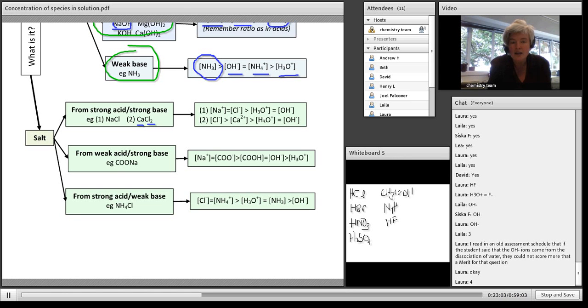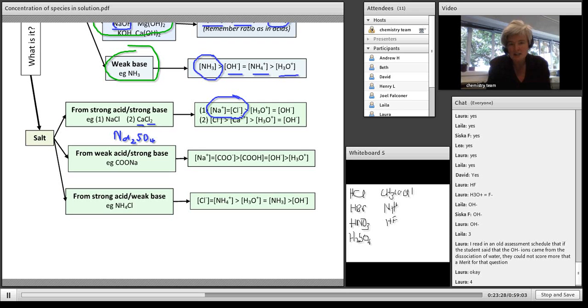You could have sodium sulfate. So we'll assume that all of sulfate is strong at this level. Okay, so when you don't have a 1:1 ratio, then you don't form equal amounts of cation and anion.